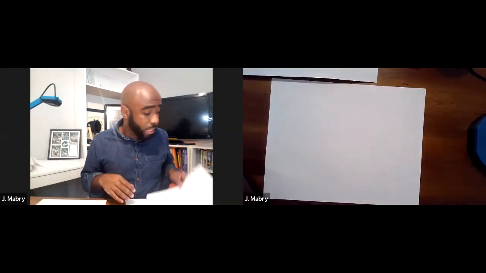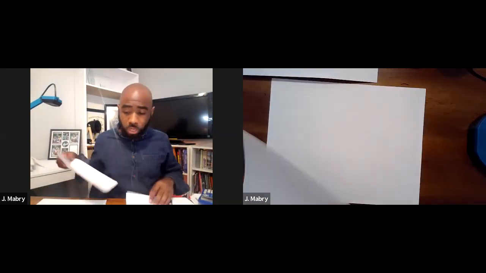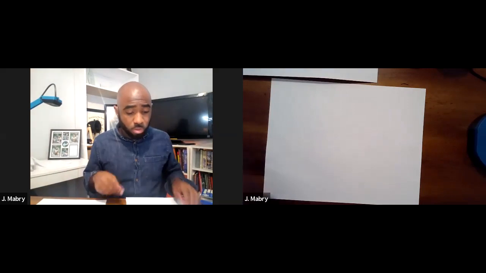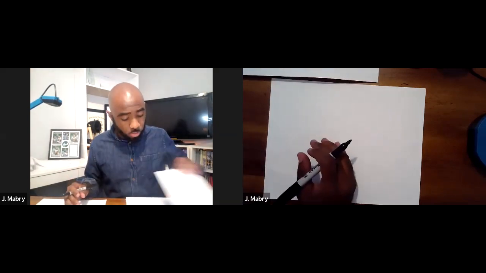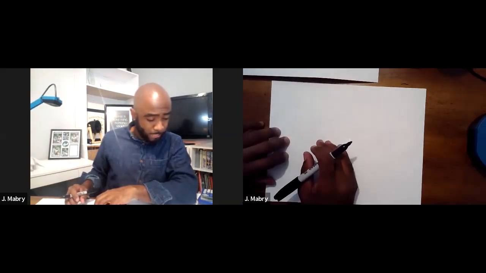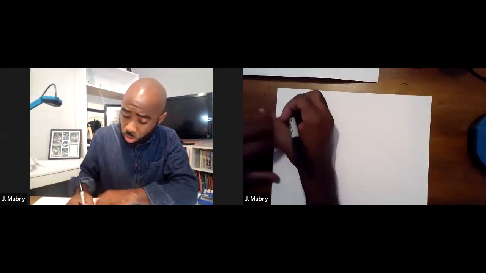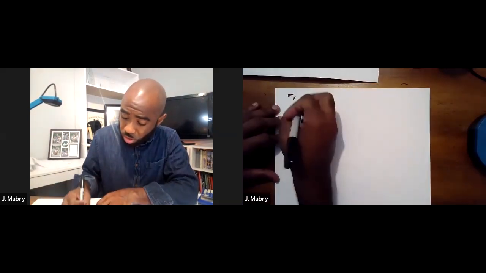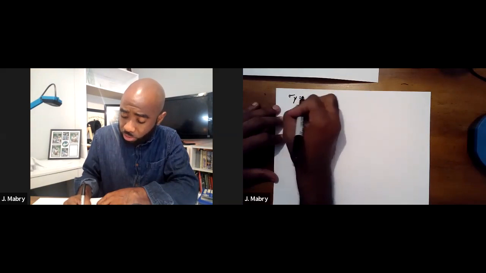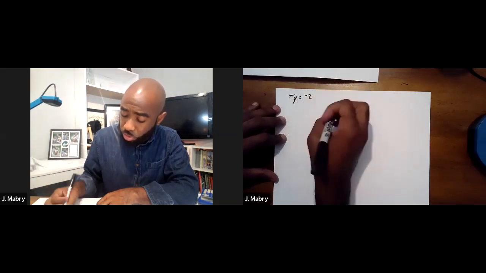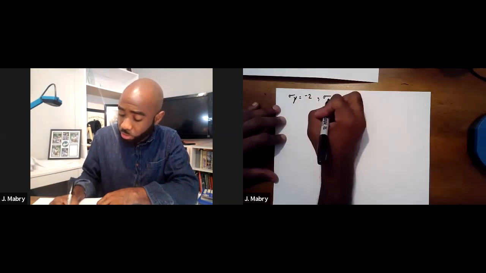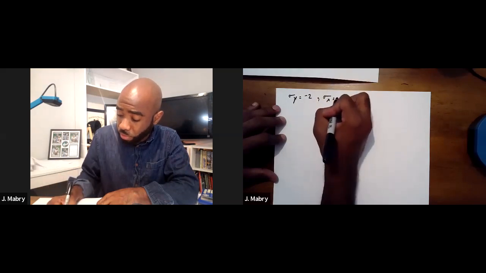So the next one we have, basically, what we're looking at is sigma sub y. So it's pretty straightforward. Sigma sub y, not even x, is equal to -2. Sigma sub x, based on that, is 0. We don't have anything there.